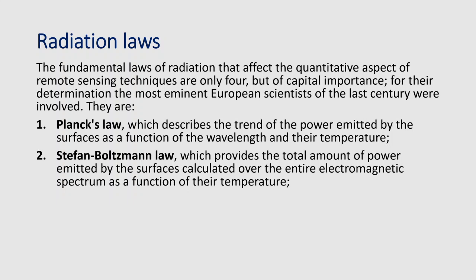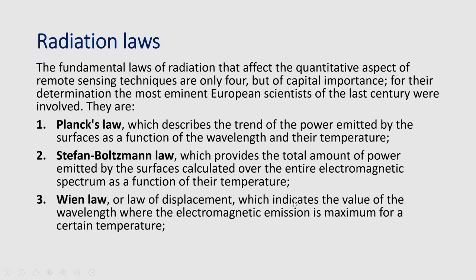So the Stefan-Boltzmann law is a sort of generalization of the first one, that is Planck's law. The third one is the Wien law, or law of displacement, which indicates the value of the wavelength where the electromagnetic emission is maximum for a certain temperature.